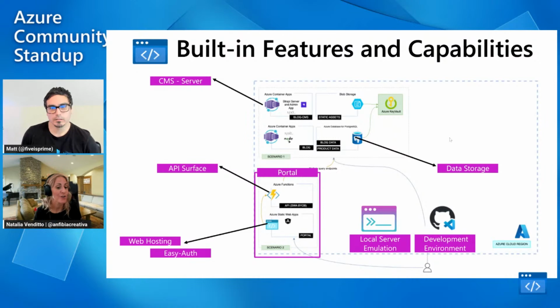And we also chose Static Web Apps because it offers not only enhanced web hosting with all these capabilities, but also the ability to authenticate users very easily with this file-based configuration. It's really easy out of the box. It also has a local server emulator that we use inside of Codespaces to start this whole application.